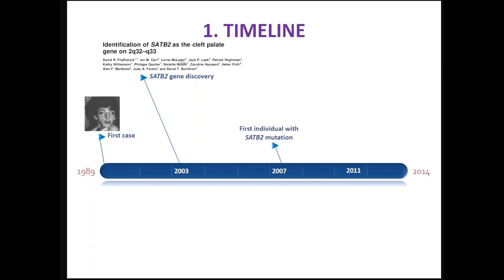It took even a few more years, 2007 to be more precise, when the first individual with a mutation, which is the type of change within the SATB2 gene, was described. This was an adult male in his 30s.